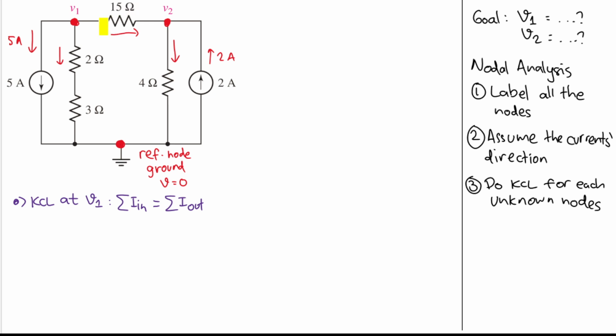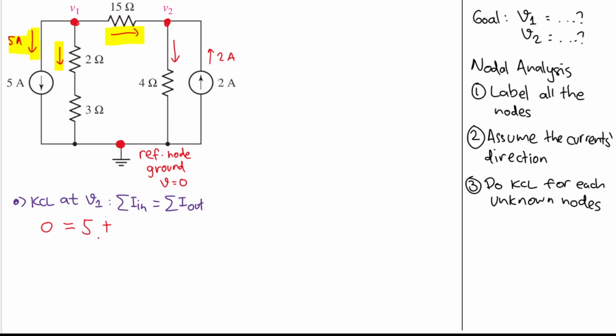There is no current that goes into V1, so I will write 0 here. So we will have 0 as the current that goes in, right? But the other currents, 1, 2, and 3, are going out. So let's put the equal sign here. And this current here, we know exactly what the value is, which is 5 ampere. So we will write 5 there.